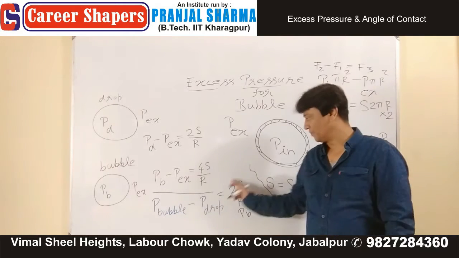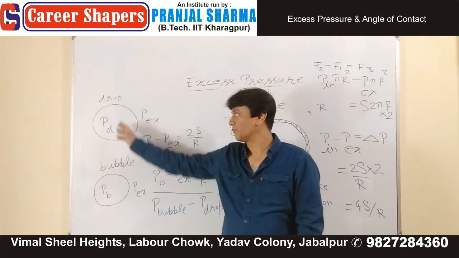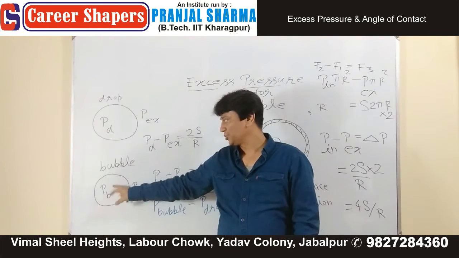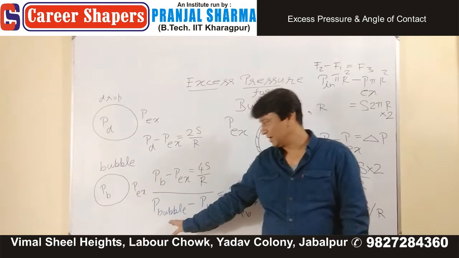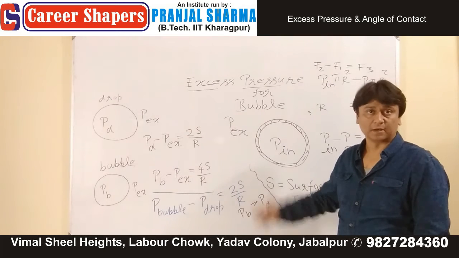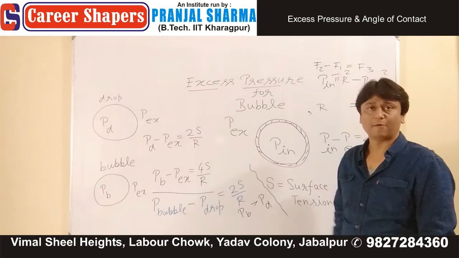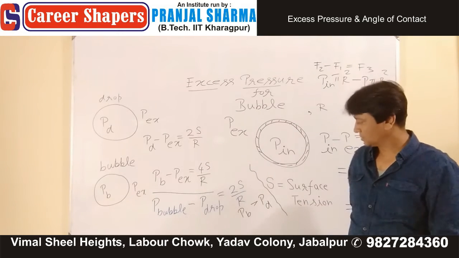And you have the value of that also, 2S upon R. If you find pressure inside a drop and pressure inside a soap bubble, then pressure inside a soap bubble is greater, and the difference is 2 into S divided by R. Note down this.